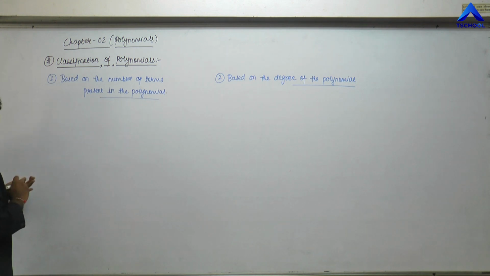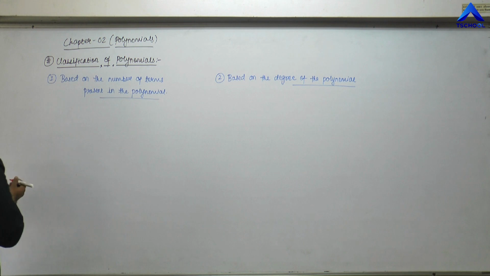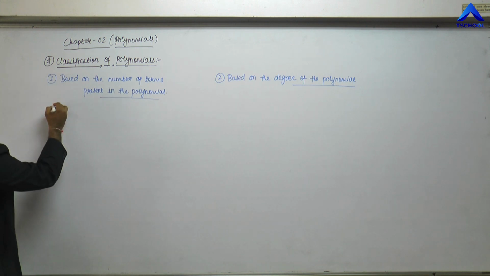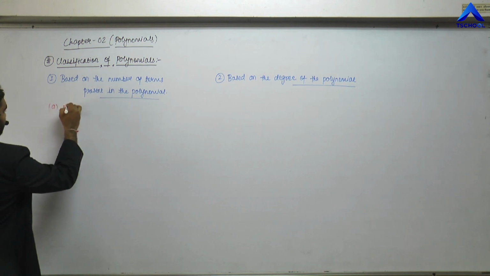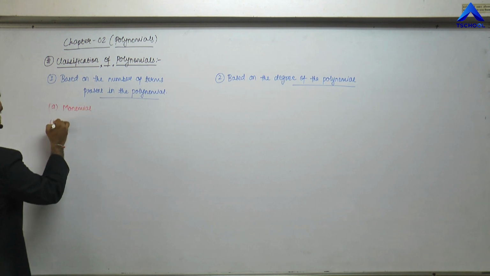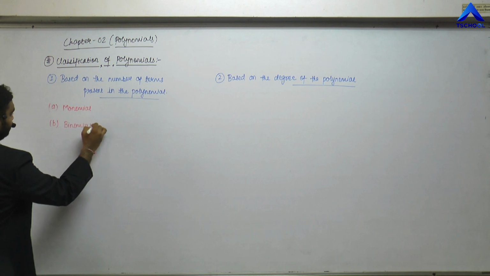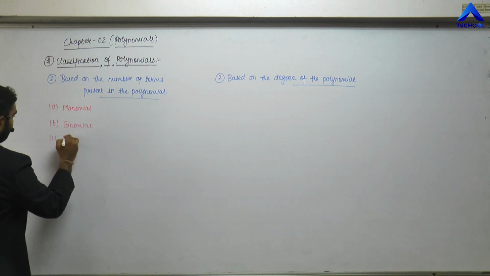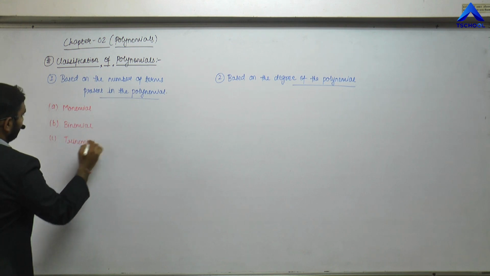In this category, we have 3 or 4 types. The first one is a monomial. The second one is a binomial, and the third one is a trinomial.